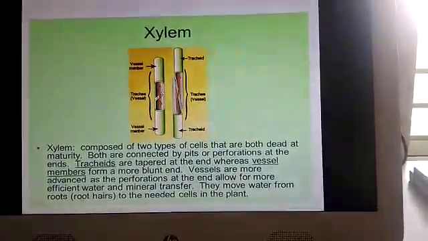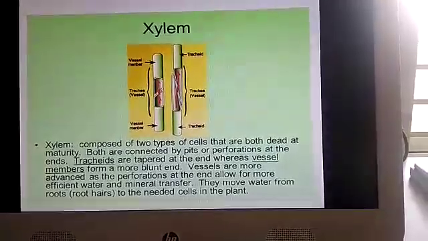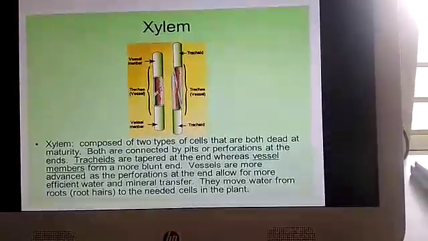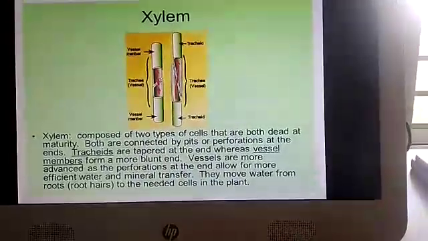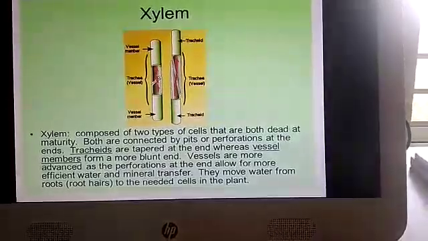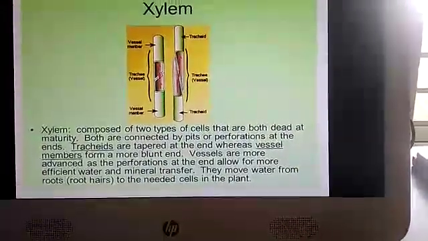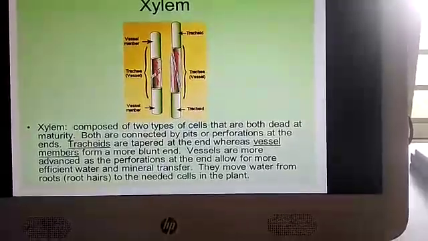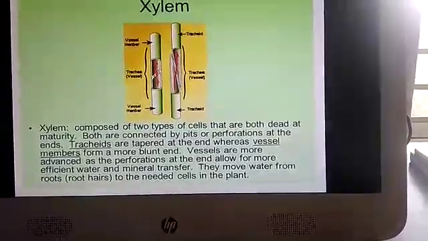See, tracheids and vessels, both sides are cleanly perforated. Tracheids are tapered at the end, whereas vessel members form a more blunt end. See, blunt, and in the middle tracheids are tapered.